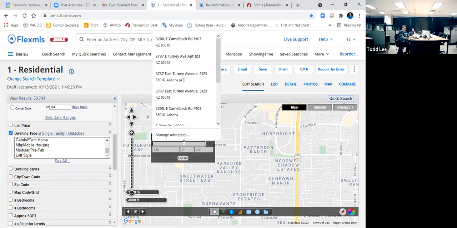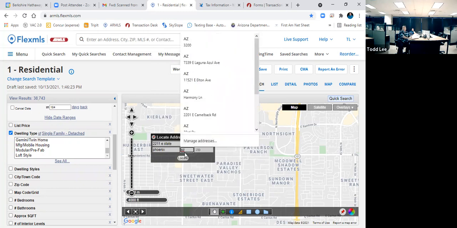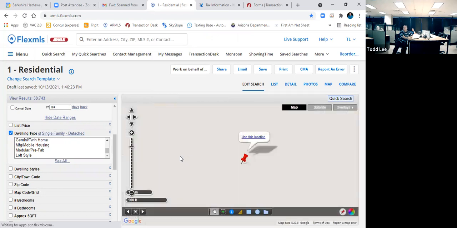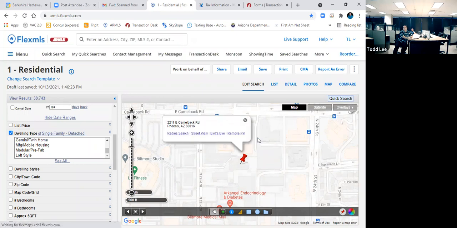What's the address? 2211 East State Avenue. 85020, I believe that it is. All right, see if that'll pull it up. There we go. So 22nd. Yep, just off of 22nd Street and just south of Camelback. That should be north of Lincoln. That says East Camelback Road, so that is not correct. 2211 East State Avenue.